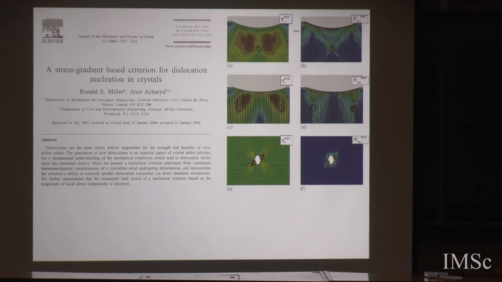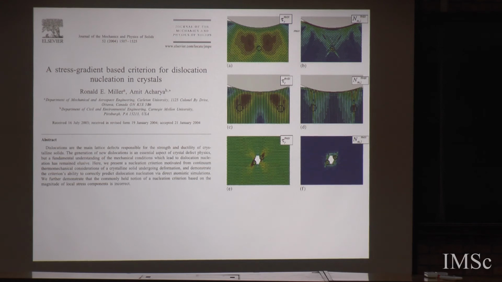So there are a lot of different people saying different things. Apparently this criterion gives you results which cannot be got from just a stress threshold based criterion.